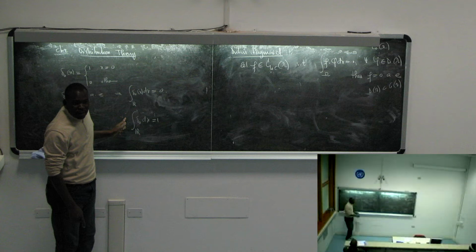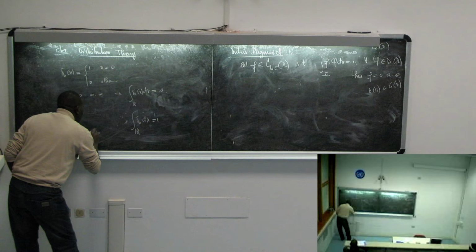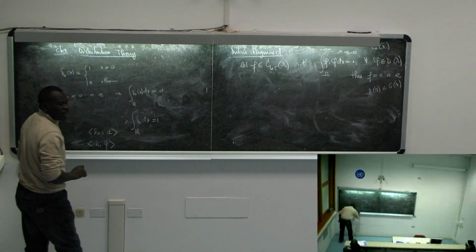And you will see that in distribution theory, this is not an integral, this is just delta naught, a generalized function, applied to the constant function 1. Where delta naught applied to any function phi, by definition, will be phi of 0.